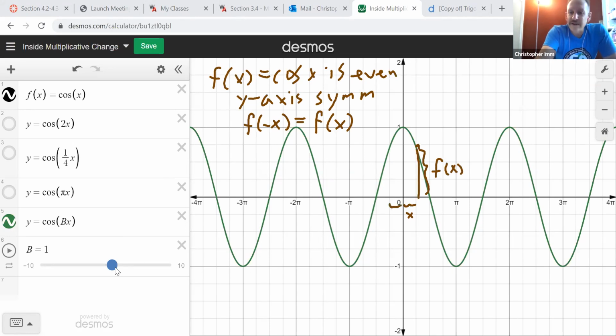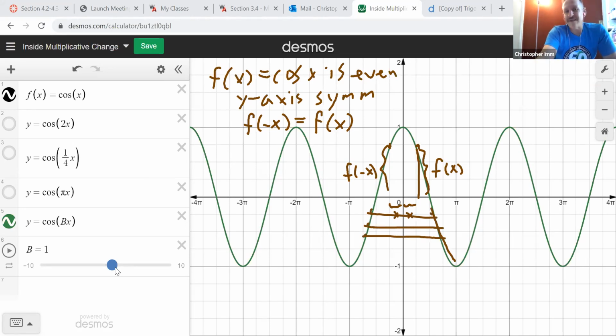Now, if I compute f of minus x, I look on the graph, my y value is going to be exactly the same place. They're going to be equal. And that's true for all these.